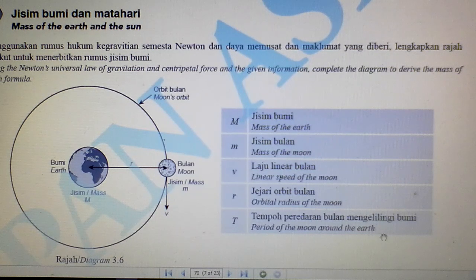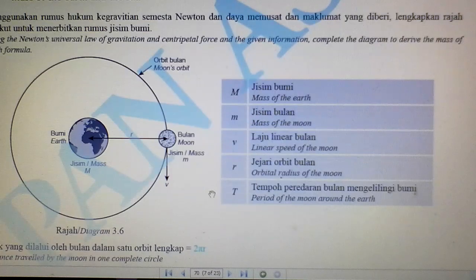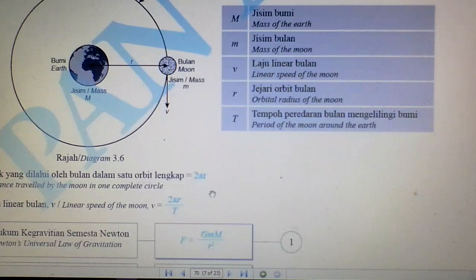T is the period of the Moon around the Earth, meaning one complete revolution or one complete circle of motion. So the time taken, we call it the period. Now, the distance travelled by the Moon in one complete circle is equivalent to the circumference of a circle.